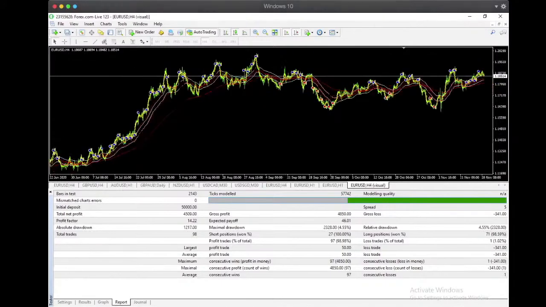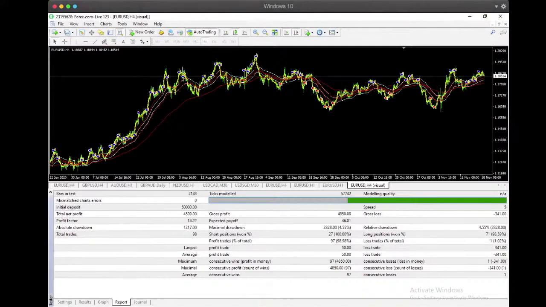Okay, because we're at that point. So it made $4,800 pure, compared to negative 341. Profit factor is 14.22. That is incredible. Imagine having this on your team, or imagine having like 10 of these or 5 of these, right? Or 20 or 30.